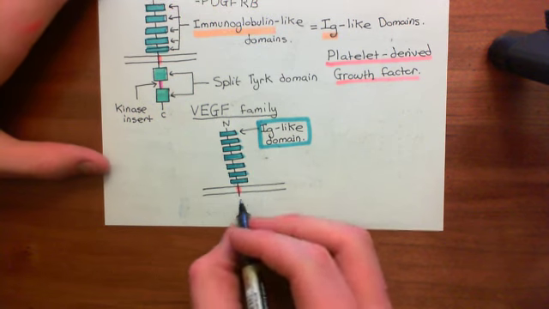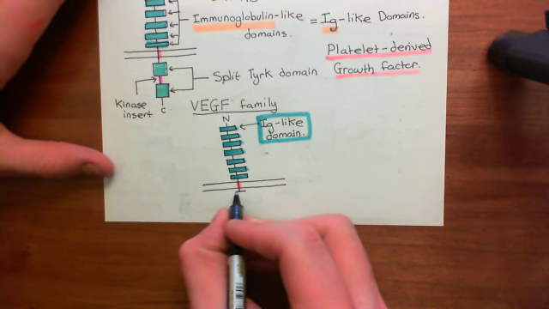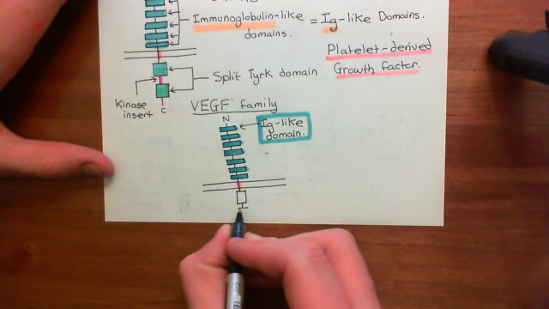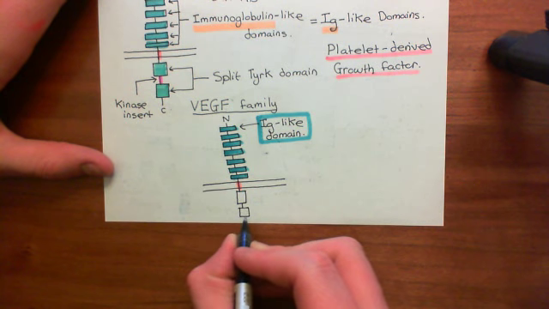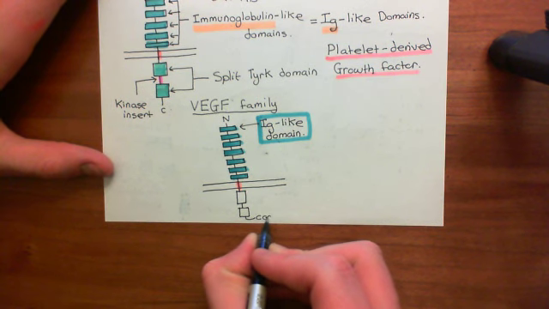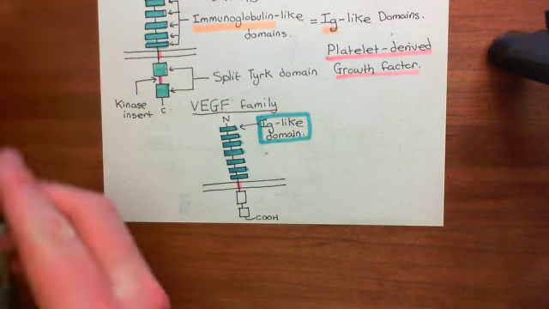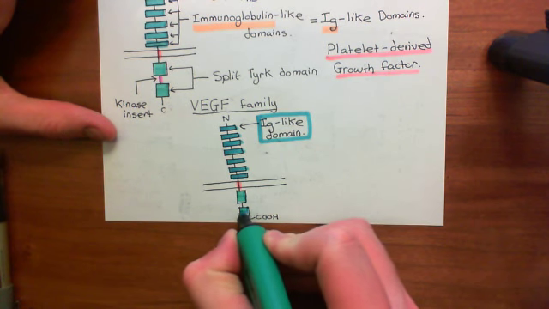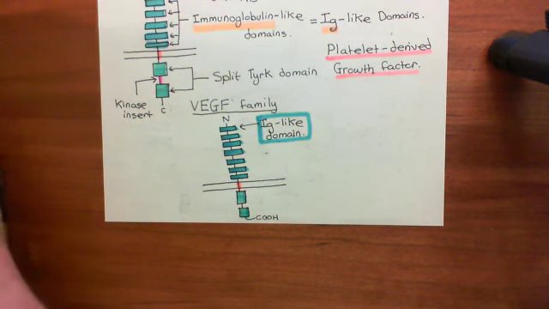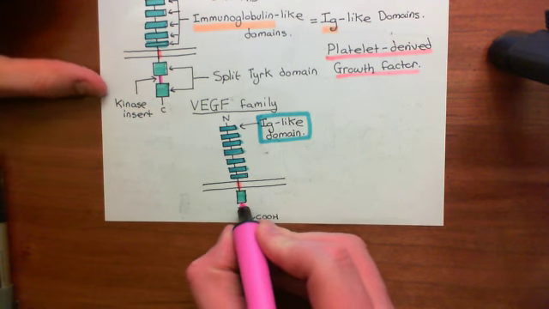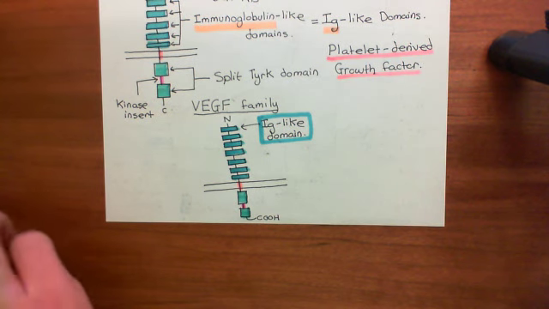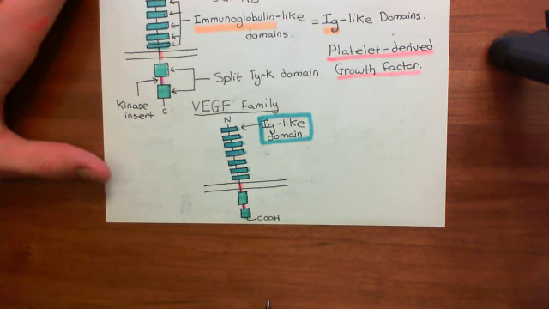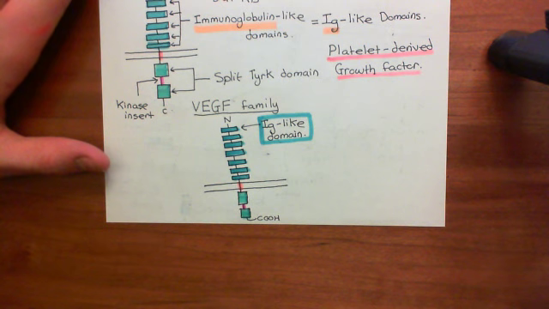And then on the cytoplasmic side, once again we have a split tyrosine kinase domain in vascular endothelial growth factor family receptor tyrosine kinases. Here are the two halves of the tyrosine kinase domain, one here and one here. And then that portion in the middle, once again, is a kinase insert, which I'll colour in purple here. So this is the structure of all VEGF family receptor tyrosine kinases.